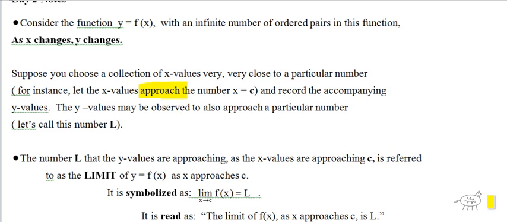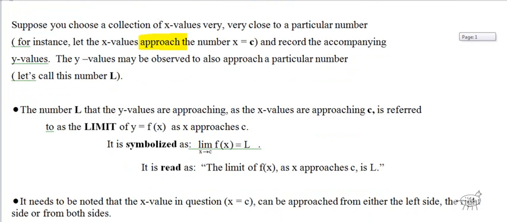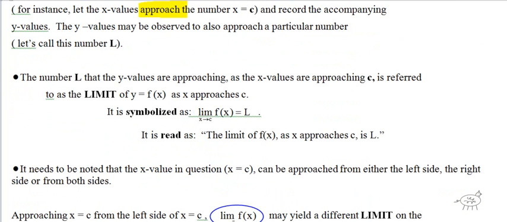So you're letting x approach a certain number, which we'll call x equals c, and record the accompanying y values. The y values also get closer and closer. They also approach a certain number. We'll call this value L. The number L that y values are approaching as x values are approaching is referred to as the limit of y equals f of x as x approaches c.